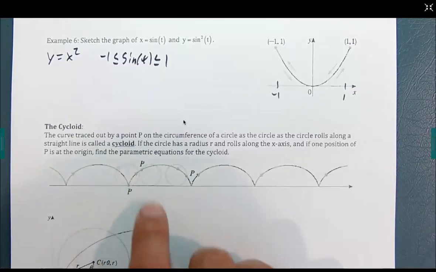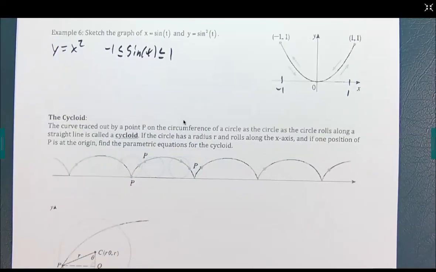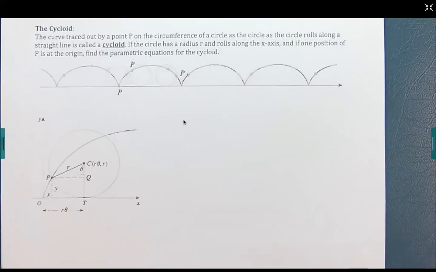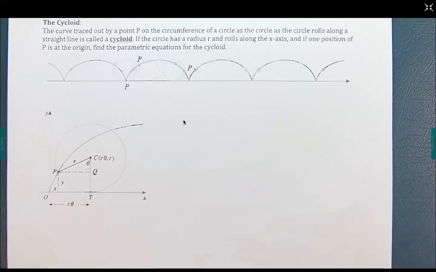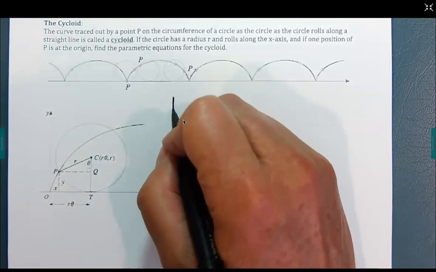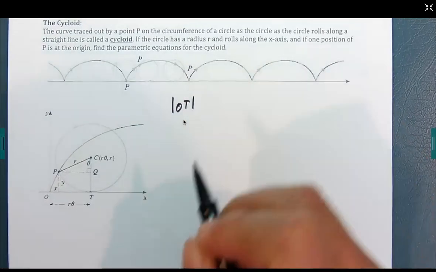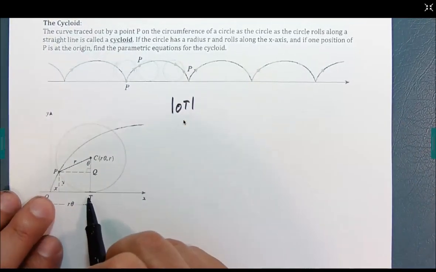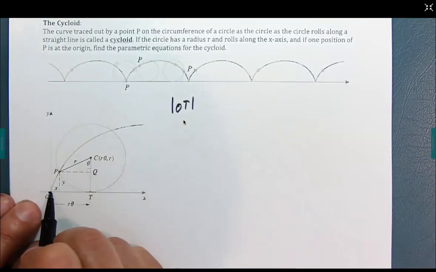So we kind of have an idea of what we're looking at here with a cycloid, but I want to come up with equations for the cycloid, parametric equations, so that we can do that. And I want to start here. I'm going to start with OT. That's this length here. So from here to here is OT.